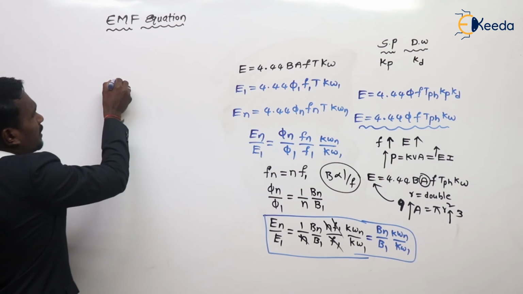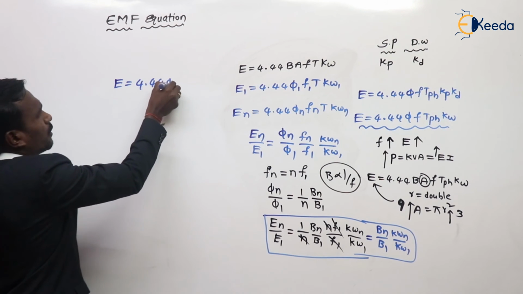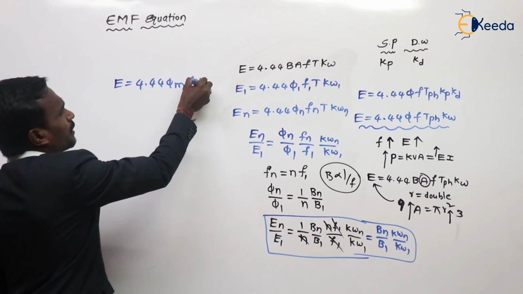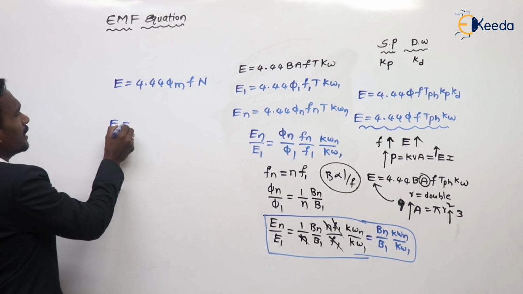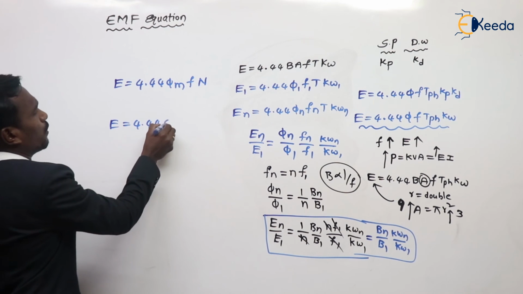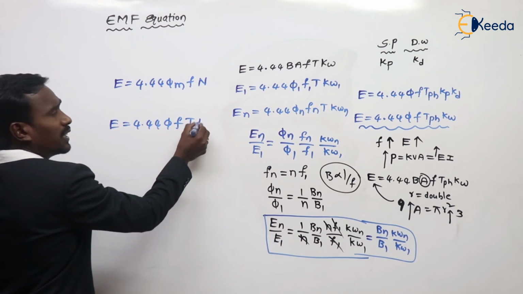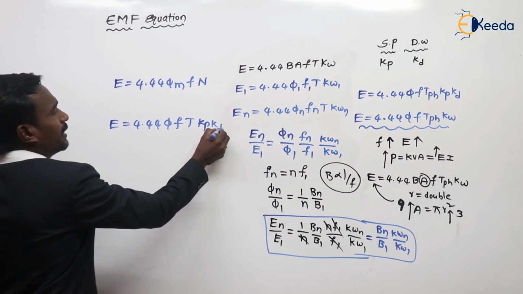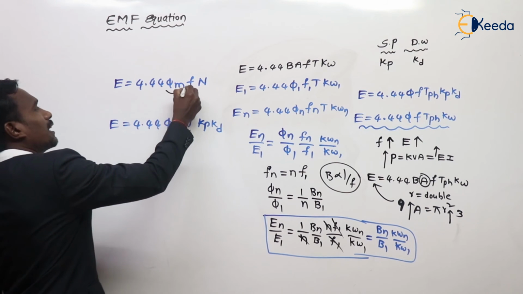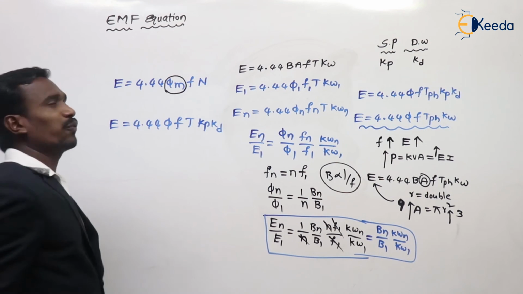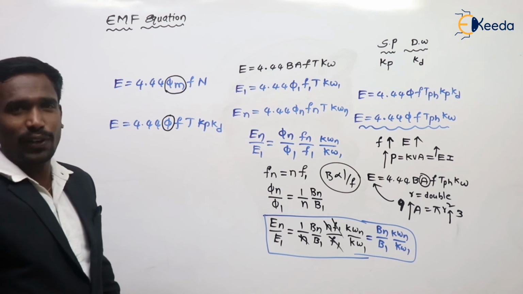See here, in a transformer the EMF equation is 4.44 phi m f N, that's it. But in our synchronous machine, E is equal to 4.44 phi f T Kp and Kd. What is the difference, sir? In a transformer, the flux involved is maximum flux. But in a synchronous machine, the flux involved is average flux.